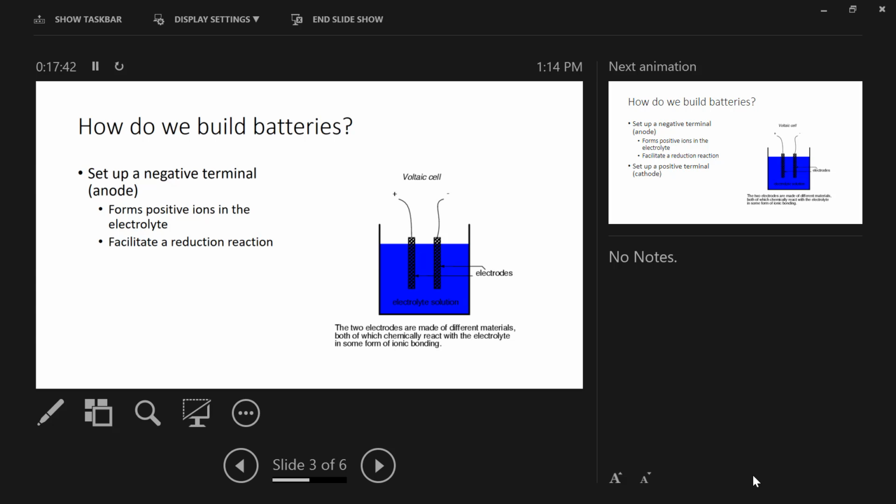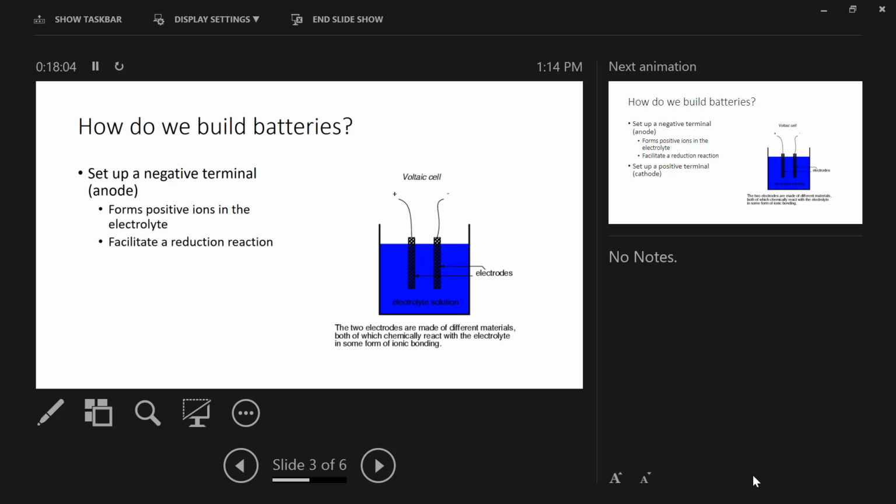And gain of what? If we're forming positive ions, what are we losing? We're losing electrons. In order to become a positive ion, you have to lose electrons. Yes? So the anode is losing electrons, or becoming oxidized. You see that?